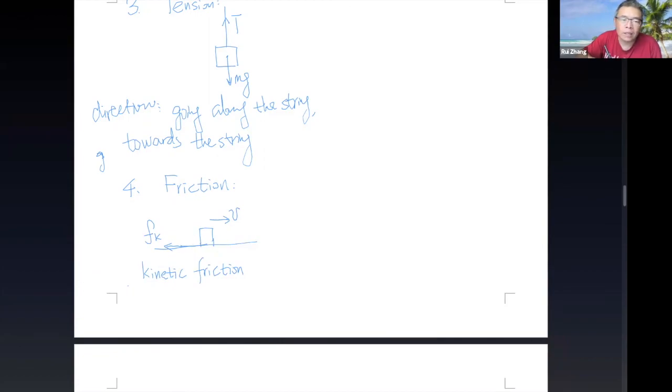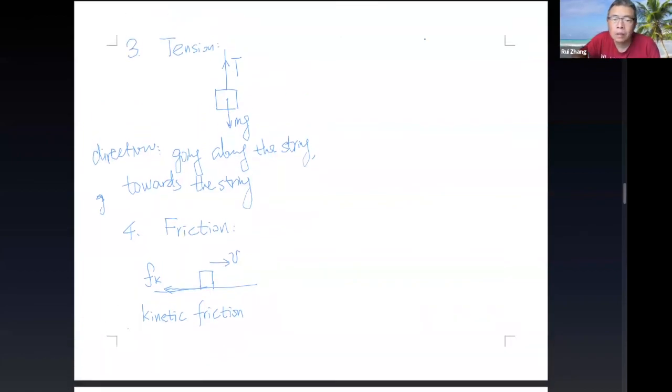And so the direction of the friction is always going to be opposite to the direction of the motion. If the motion is going to the right, the friction is going to the left, okay? There's also a formula for the magnitude.